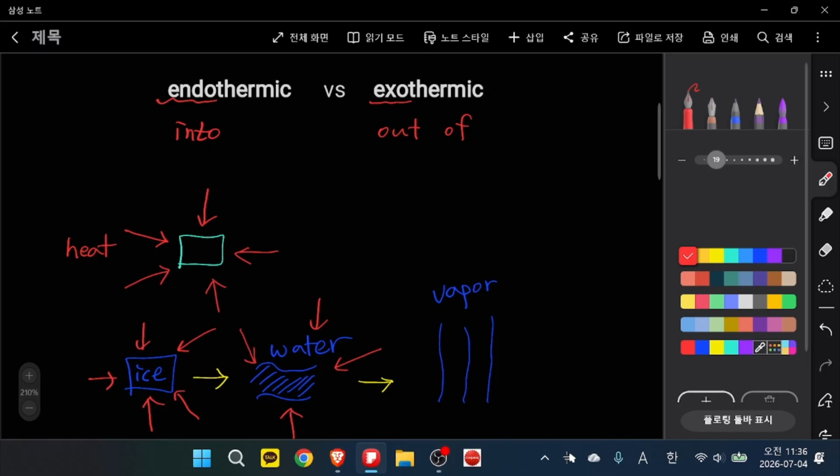In an exothermic process, heat goes out of the substance. In other words, the substance releases heat.